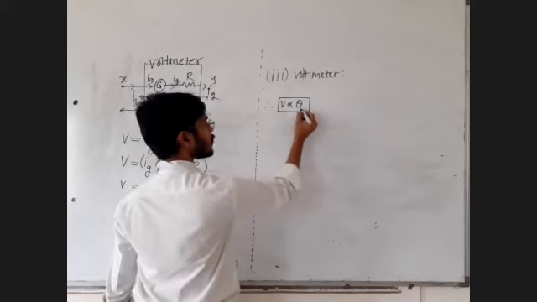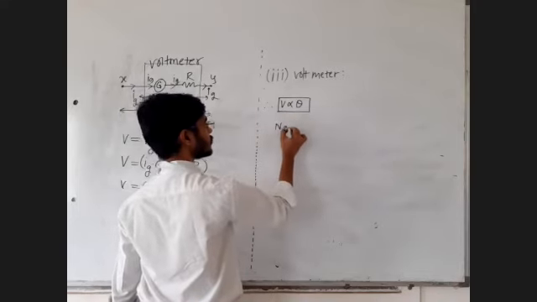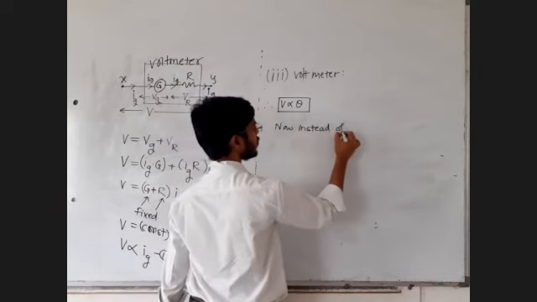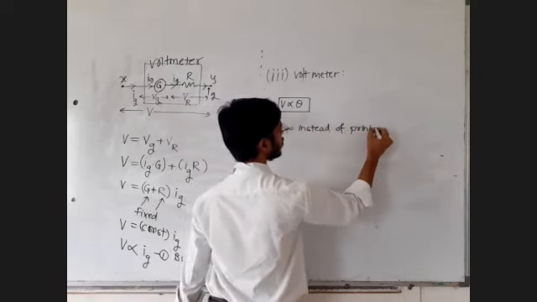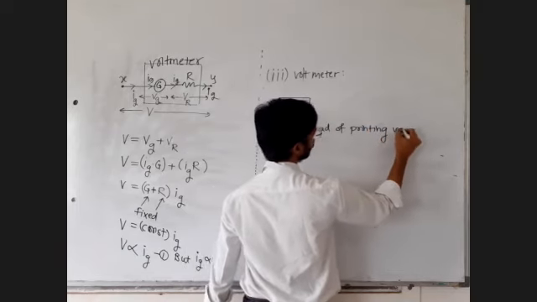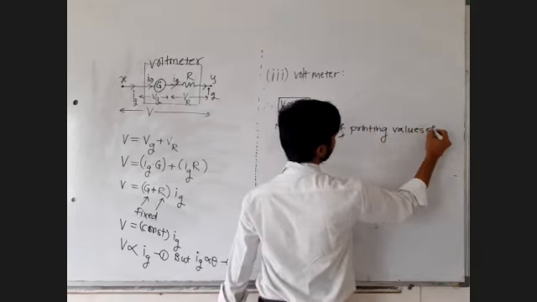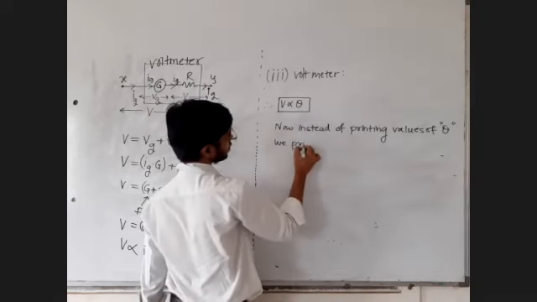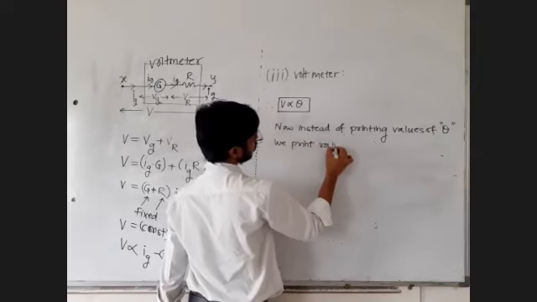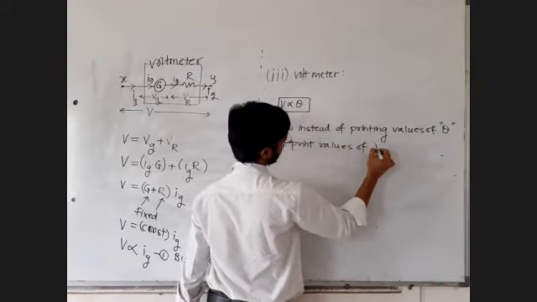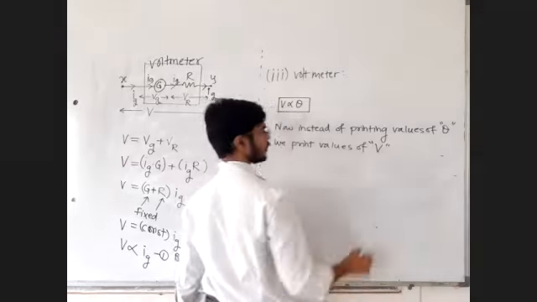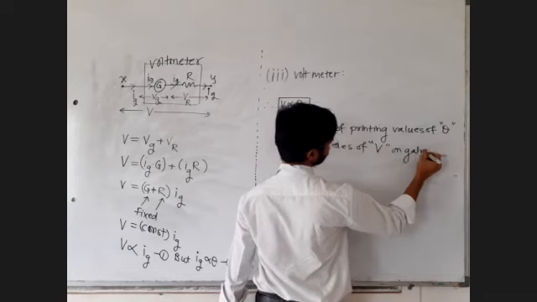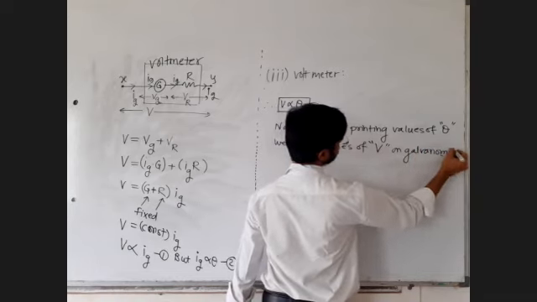So now instead of writing values of theta, we print values of capital V on the galvanometer.